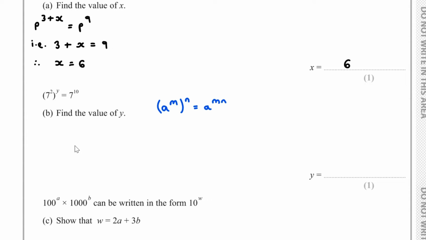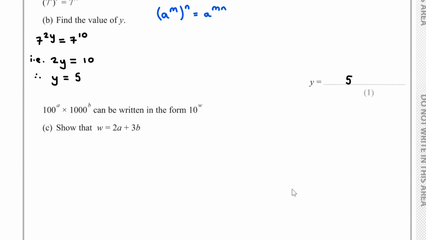So here, if we multiply the powers on the left hand side, we would have 7 to the power of 2y, and this is equal to 7 to the power of 10. If we now compare the powers, 2y is equal to 10, and therefore y is equal to 5. So we've got y equals 5.